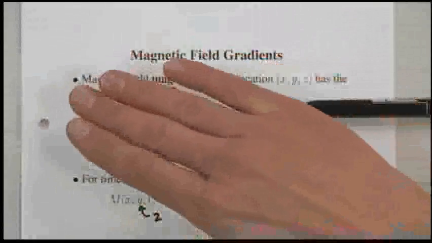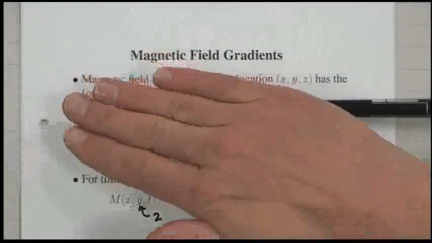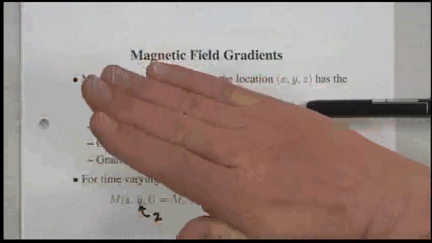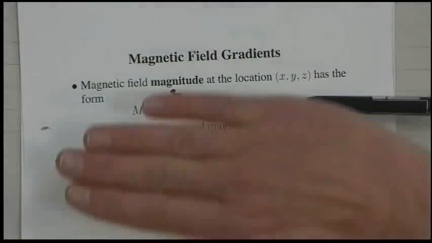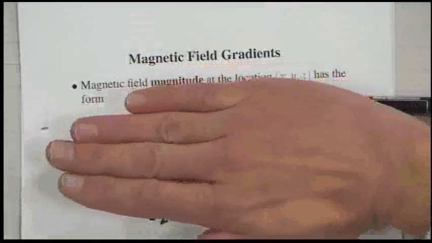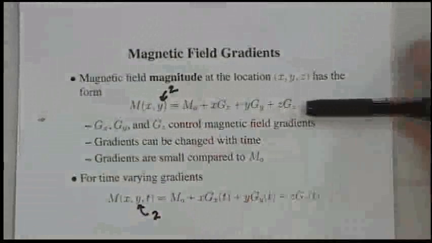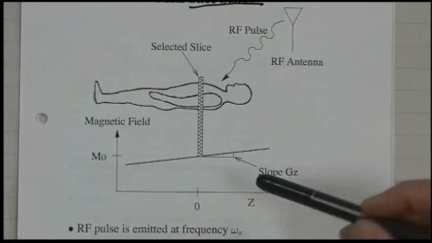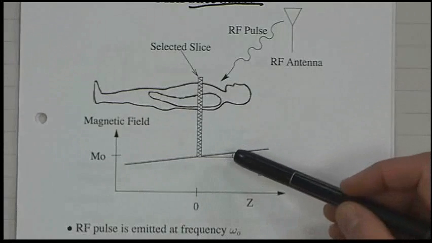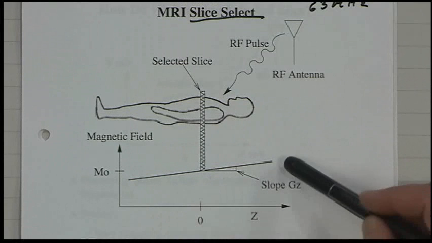It's not a plane because it's 3 dimensions, but if it was 2 dimensions, you could imagine it as a surface where the amplitude was the magnitude of the gradient. It can vary linearly by tilting it in x or y, or you can do an arbitrary tilt. So you have 3 inputs. Now, initially what happens is that you first put no gradient in x and y and just have a gradient in z.